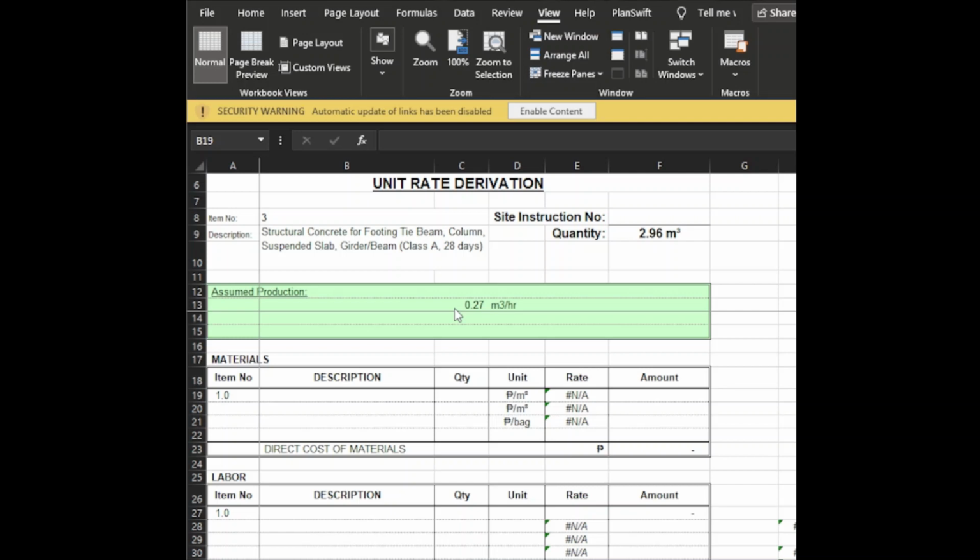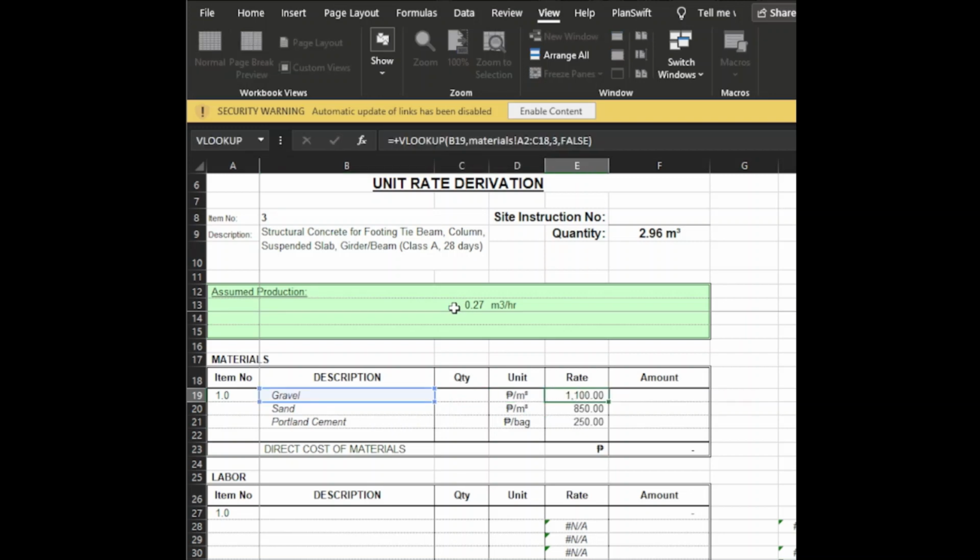We have materials: gravel, sand, and Portland cement. I have already linked this one from the other page for our prices of these materials. Our gravel is whatever the quantity we have, one.